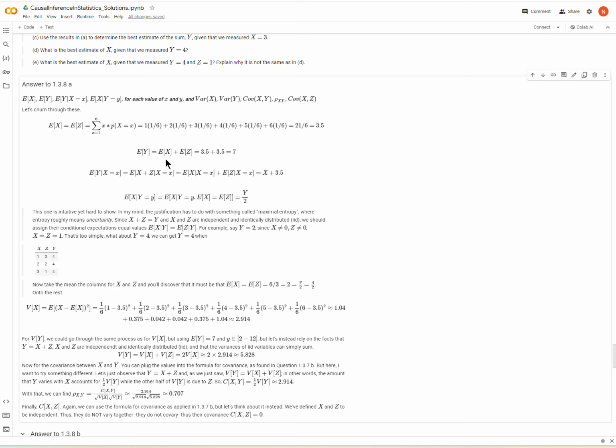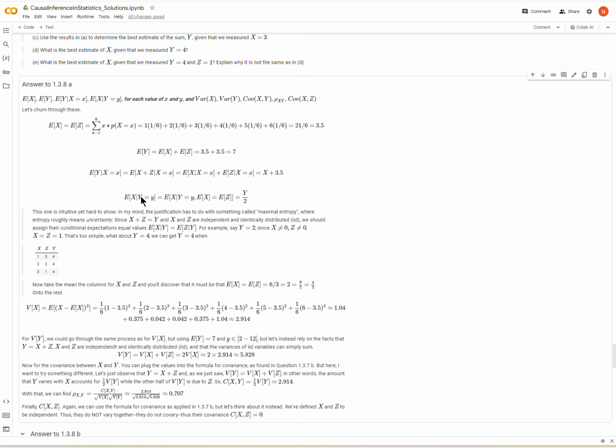We know that the value of y is x plus z. So if I give you x, then it comes down to your best guess for the value of z. We already found that the expectation of z is 3.5. So the expected value of y given x is whatever x is plus 3.5, where 3.5 is your best guess for the value of z.